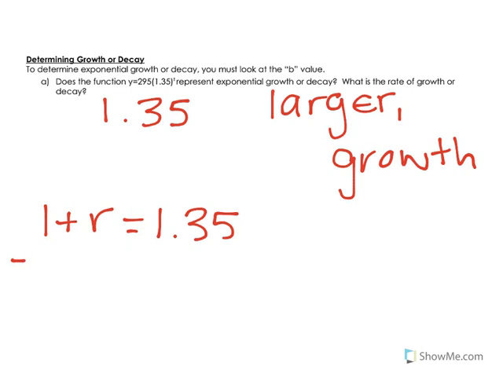So we're going to subtract 1, and whatever you do to the left, you have to do to the right, so we subtract 1 from both sides. Over here they cancel, and on the right, r equals 0.35. So our rate of growth is 35%, or 0.35.